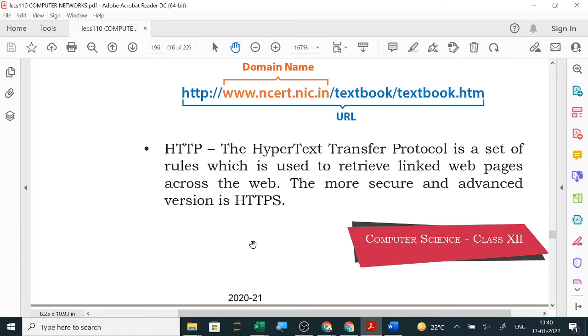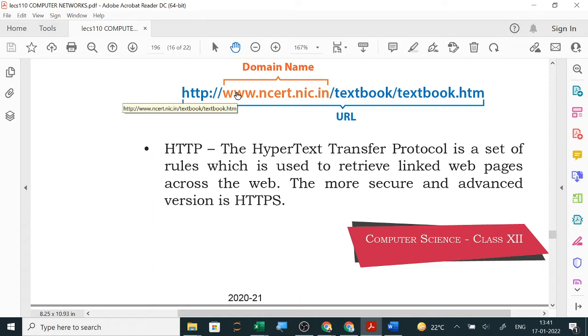HTTP, the Hypertext Transfer Protocol, is a set of rules which is used to retrieve linked web pages across the web. You will see that when you are scrolling, your pointer will change. Like here, you can see the hand, and now you can see it is a pointing finger. That means now if I click, it will open a new page.